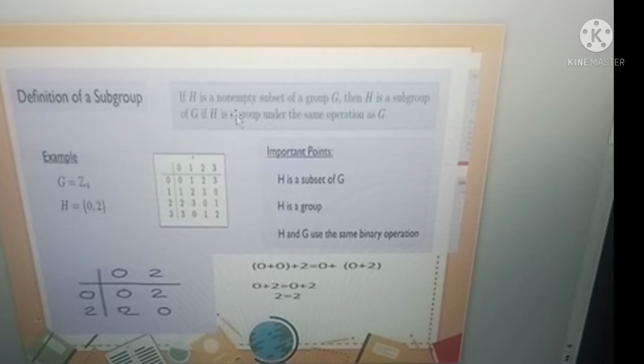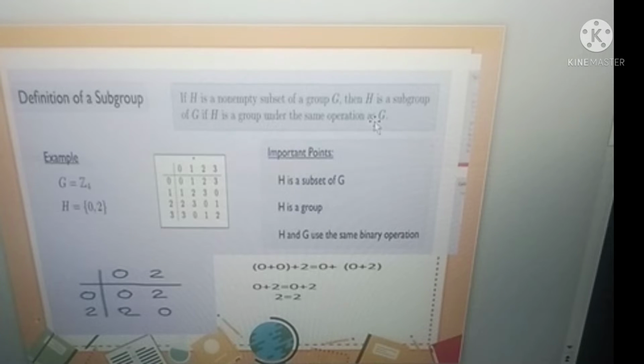If H is a group within G, using the same binary operation as the binary operation being used in the group G. So now we have three important points. These are really important. If these three important points or characteristics are satisfied, then we can say that H is a subgroup of the bigger group.